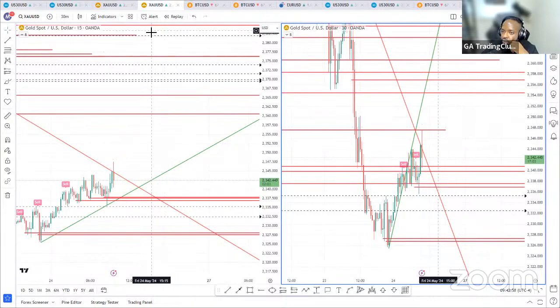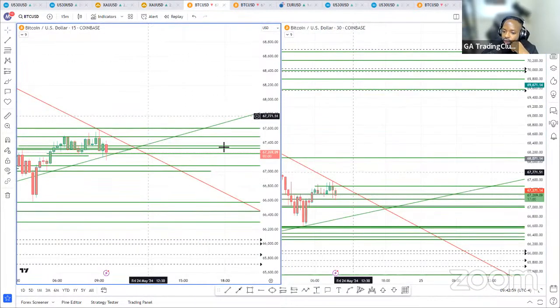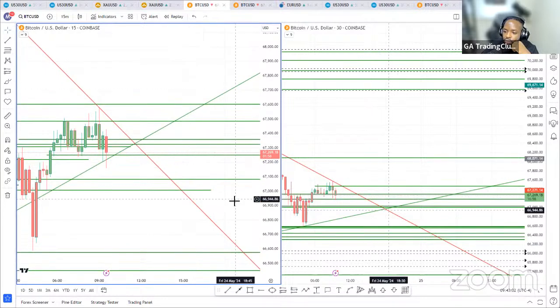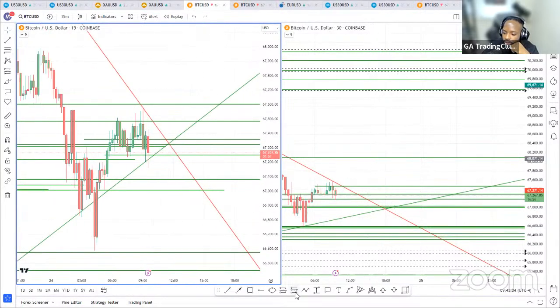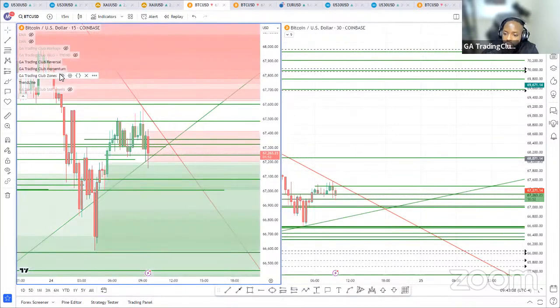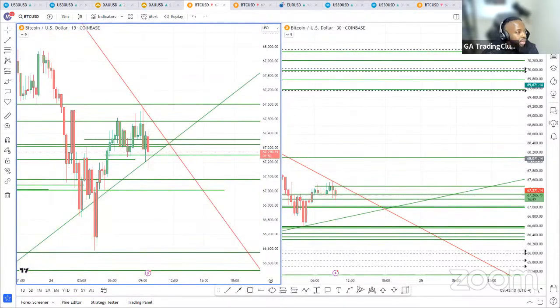Nothing for sells. For BTC, this is a possible buy in the next 15 minutes. Let me see zones. We have demand there. And for the SAR levels, where we are at, we are around a, okay.